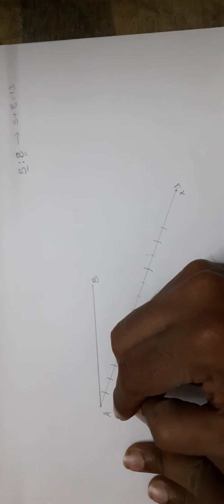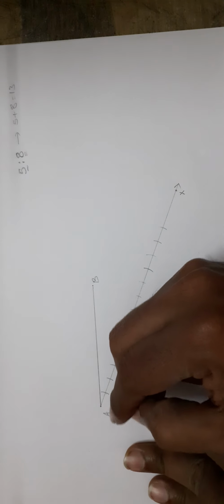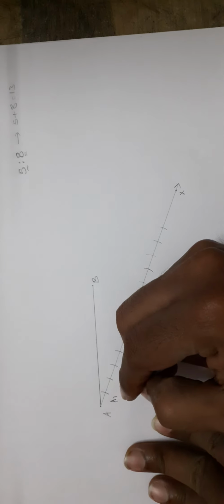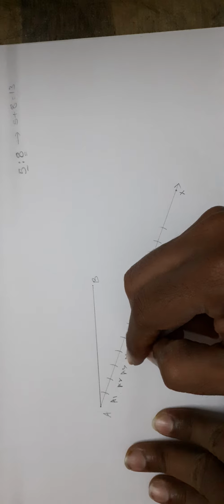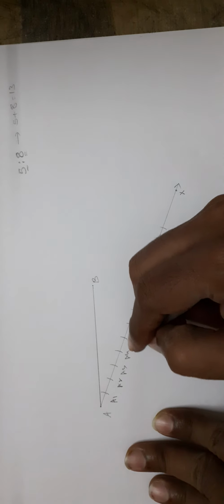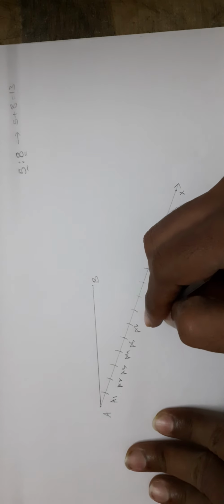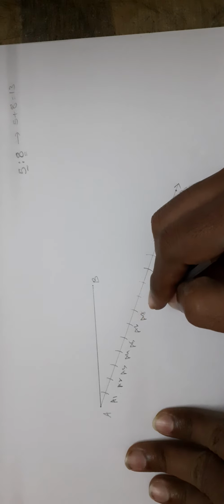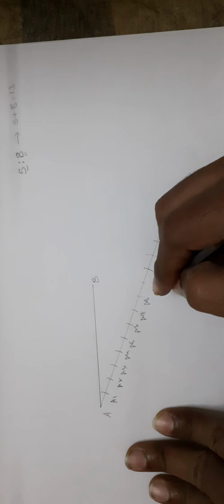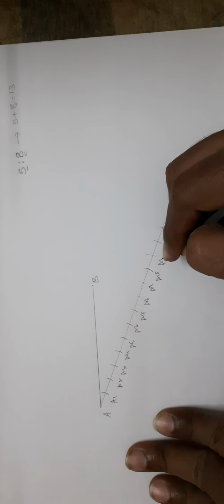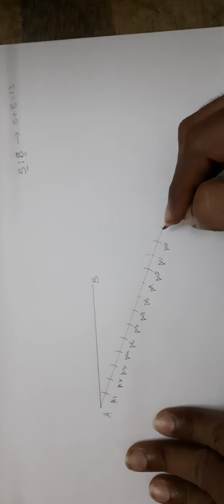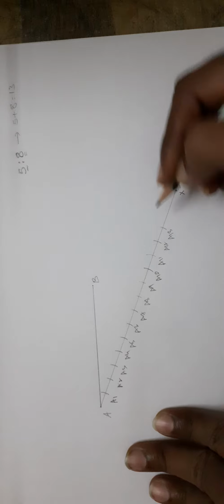And name the points as A1, A2, A3, A4, A5, A6, A7, A8, A9, A10, A11, A12 and A13.